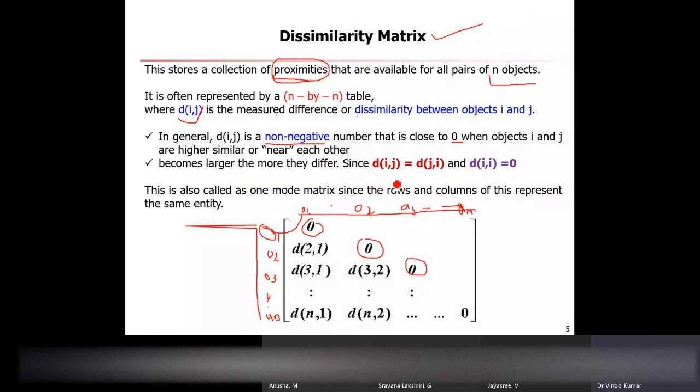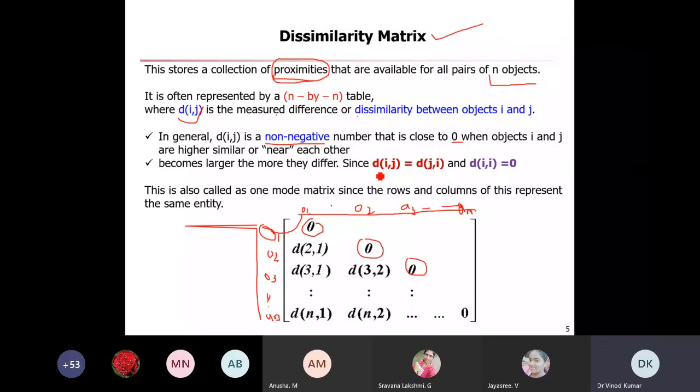You can see that dij and dji doesn't matter, because we are getting the distance, so the dissimilarity will be the same. For example, the distance between Madnapalli and Angalu is 12.